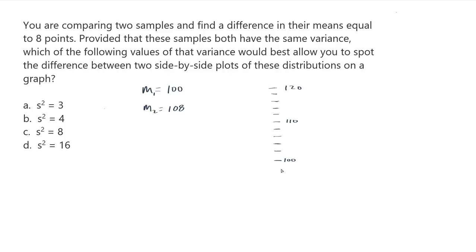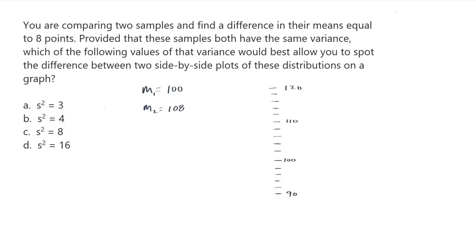Let's go back a little bit as well. 2, 4, 6, 8. Okay, that should do it for our purposes here. Not exactly a perfect scale, but this will help to illustrate what they're talking about here.